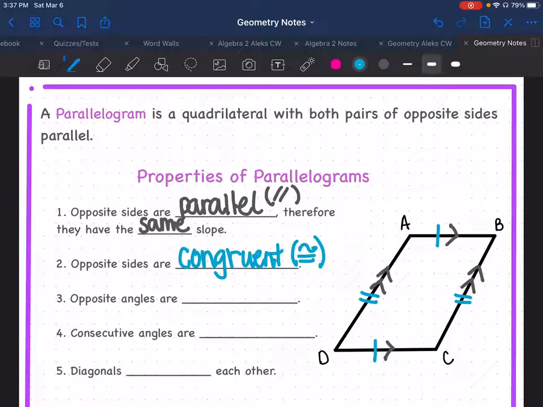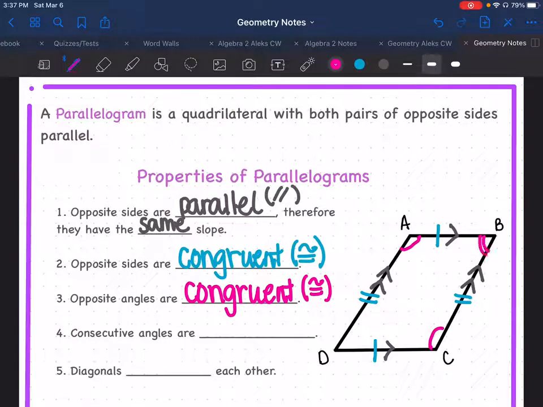If I tell you that ABCD is a parallelogram, then the properties all hold true. The opposite angles are congruent, which means they are also equal. So angle A is equal to angle C, and angle B is equal to angle D.